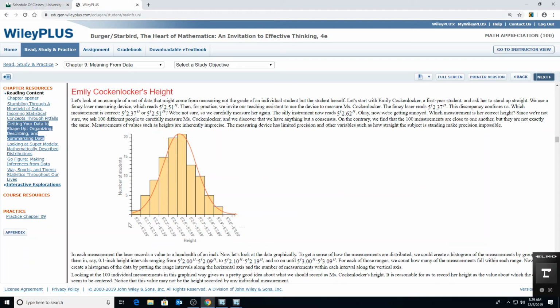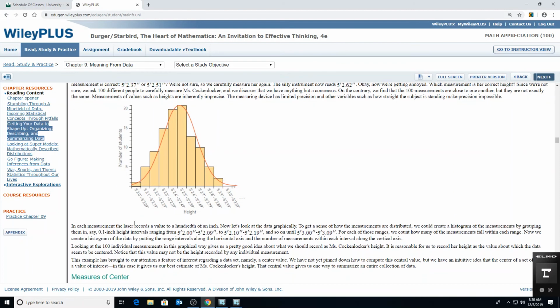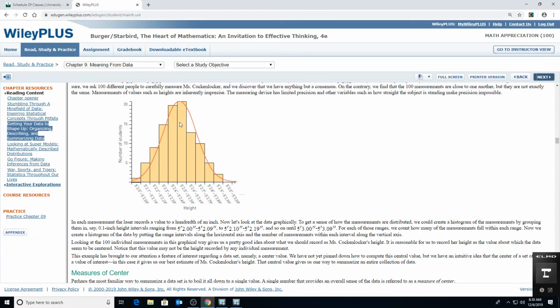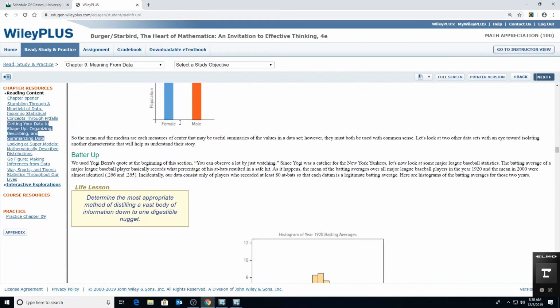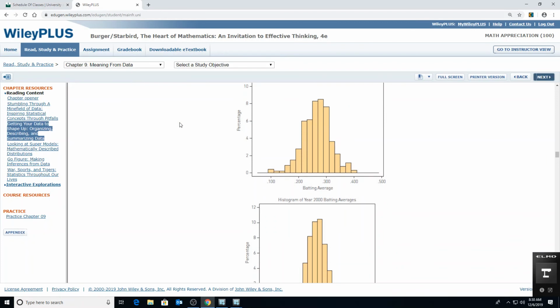Maybe the person slouches a little, maybe your measuring tool's off a little tiny bit on one or two of these. This is done 100 times. This is a typical bell curve shape where the mean and the median will be in the middle.